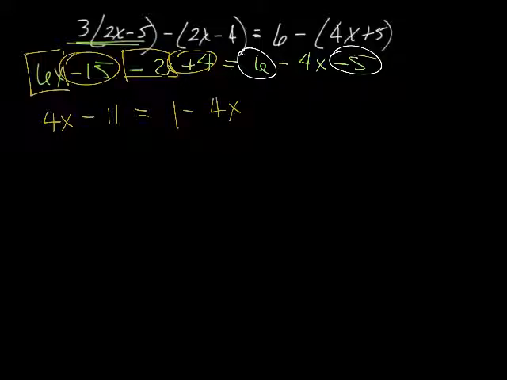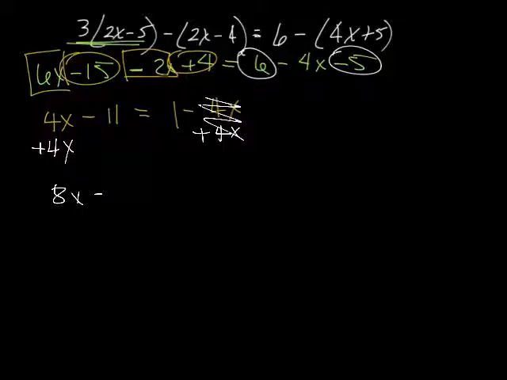Now I'm going to start moving things around a little bit. 4x minus 11 and 1 minus 4x. So let's add 4x here and add 4x here. And then these will go away because that was a negative and a positive. So this gives me 8x minus 11 equals 1.